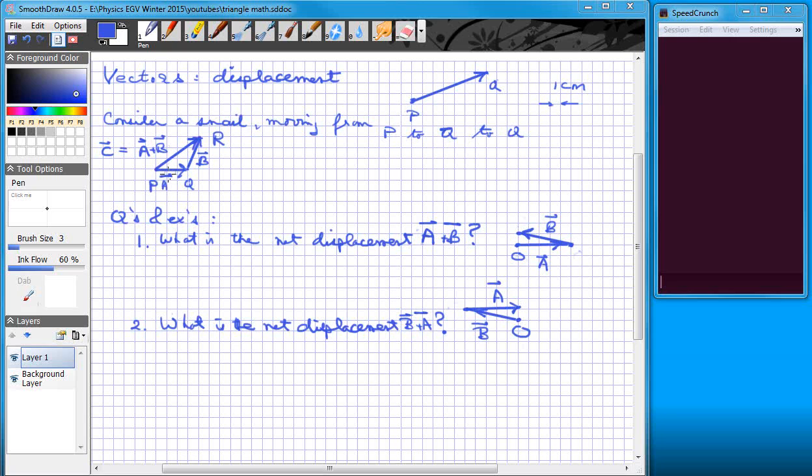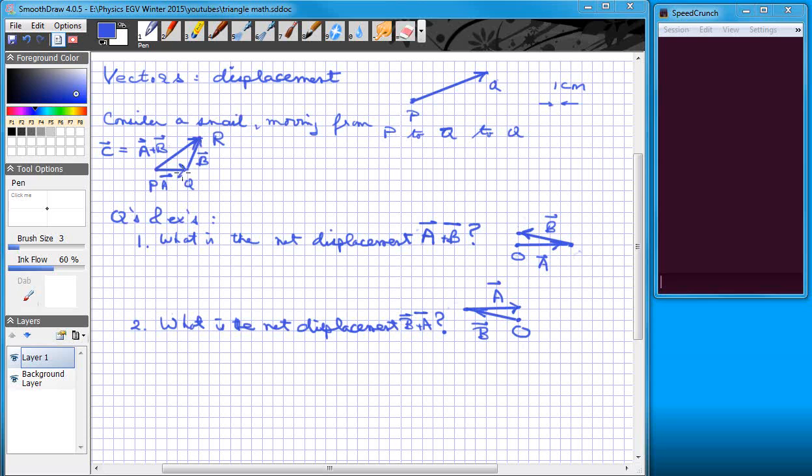So A arrow; your book will generally use a boldface letter or designation. So the snail will go from P to Q with displacement A, and then it'll go from, let's say, Q to R with displacement B.